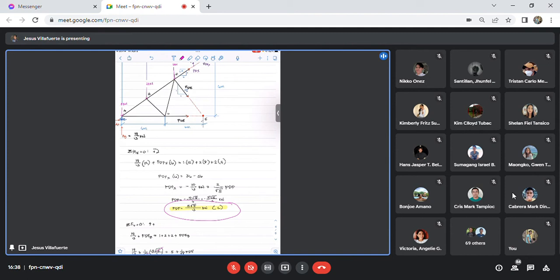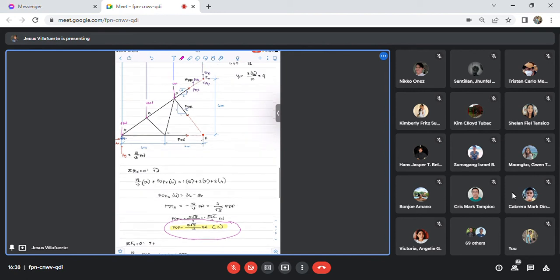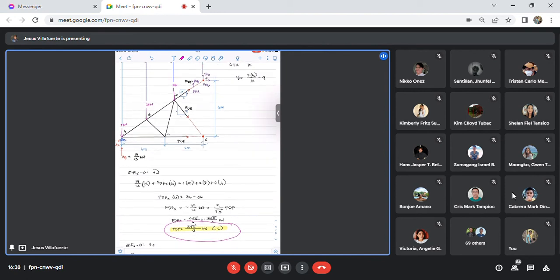Pwede na mo take summation of moments at A because ma-solve naman mo ang FDE. Tama? If you take summation at point A, masolve na nimo ang FDE because naa naman kay value sa imong FDF, which is 5 the square root of 5 over 3. And then FCE becomes 0.